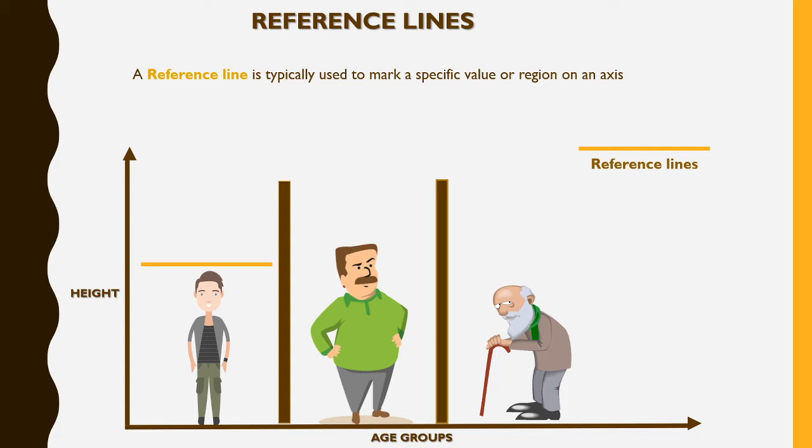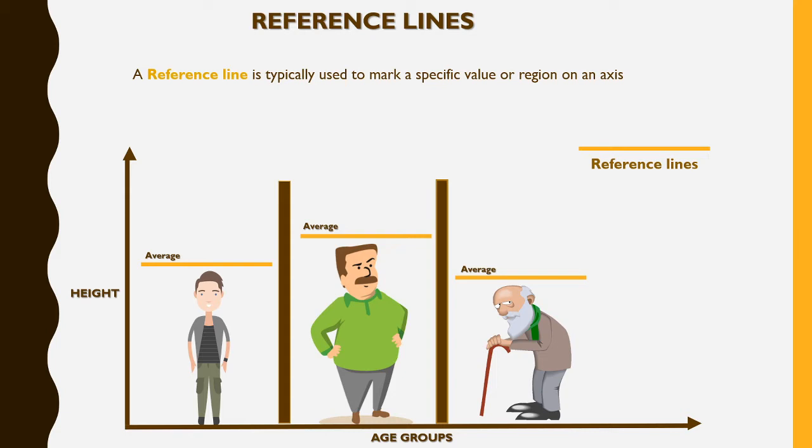You can see the average line above the head of this youngster showing that this is the average for all the people who are youngsters. Then we have created the average line for the senior uncles, and similarly for the senior citizens. Now this line is representing the average of a particular age group.